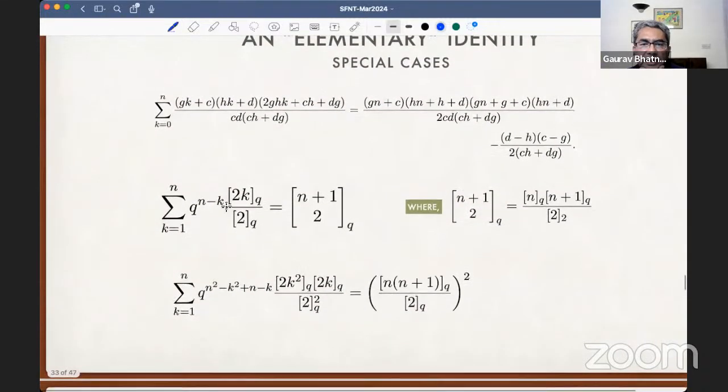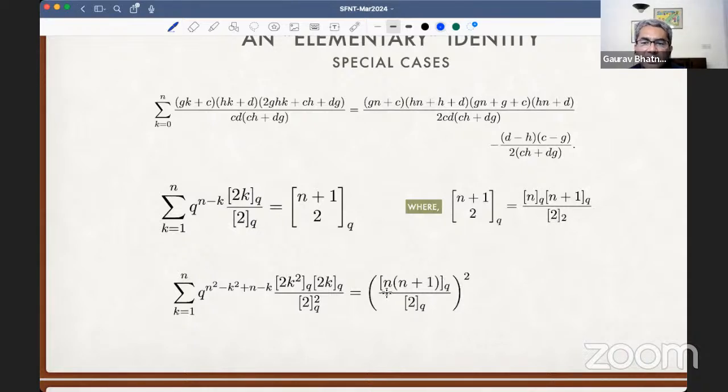And in special cases, the hypergeometric special case, it's an elementary identity. It gives you a lot of these kinds of identities, like a sum of cubes identity, as well as the sum of natural numbers. All these are contained in this. Here I've defined n plus 1 choose 2 sub q as n sub q times n plus 1 sub q over 2.